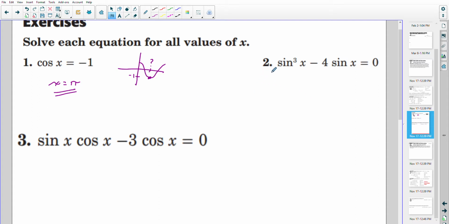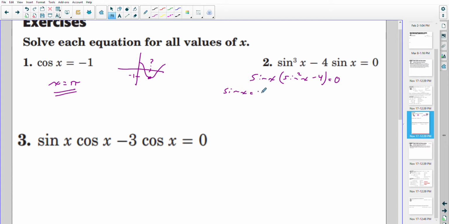That's all that requires. This one, you have to factor out a sine x to get it into a product. Once you have it in a product, then you can set both of those factors equal to 0 and solve, because this can equal 0 or that can equal 0. So now you have two cases.